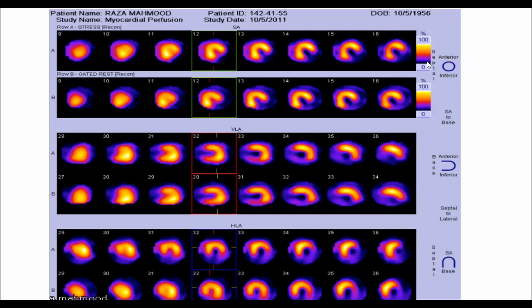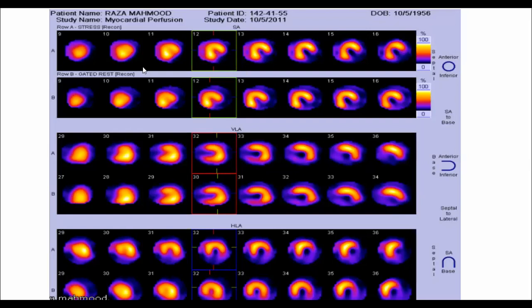Take a high severity. It's almost blue, no uptake. There's a fixed perfusion defect of large size of severe intensity involving apical inferior, mid inferior and inferolateral, and basal inferior and inferolateral segments.